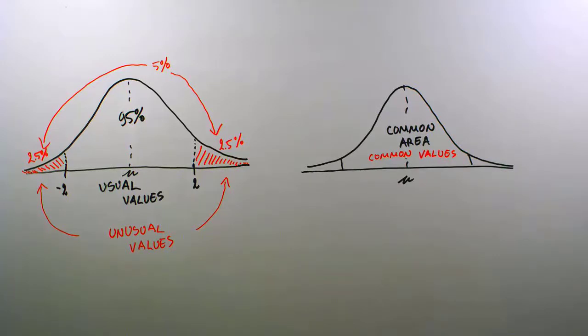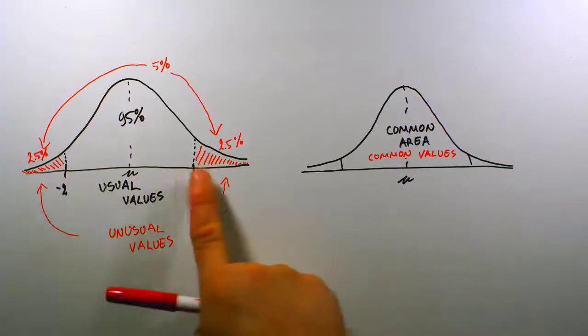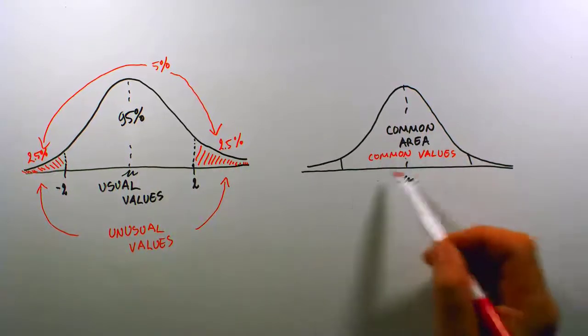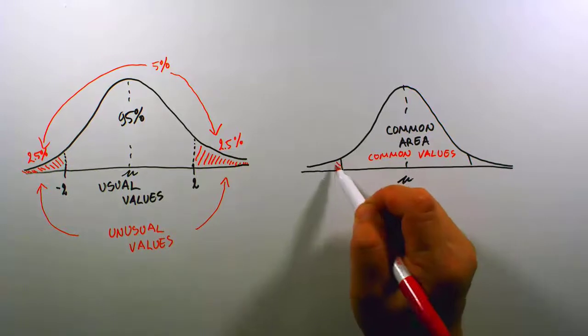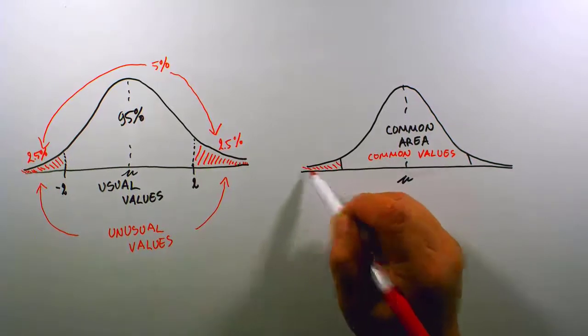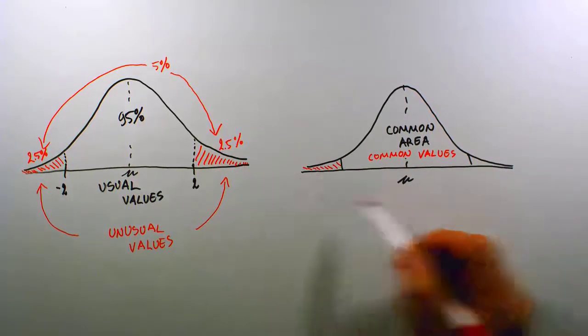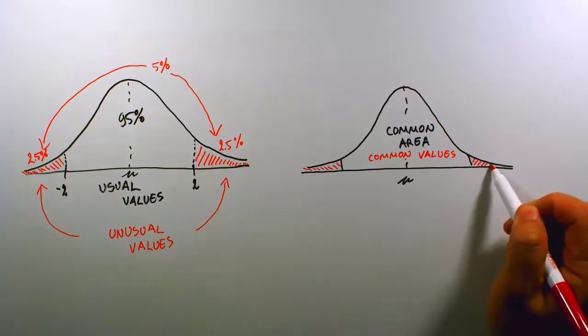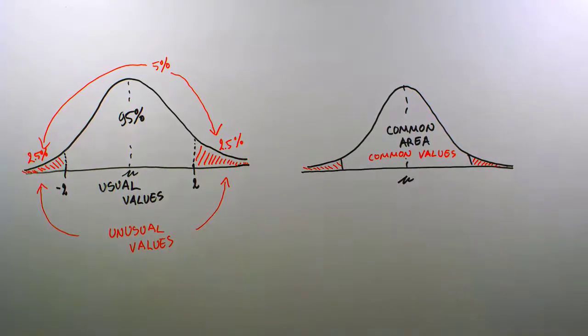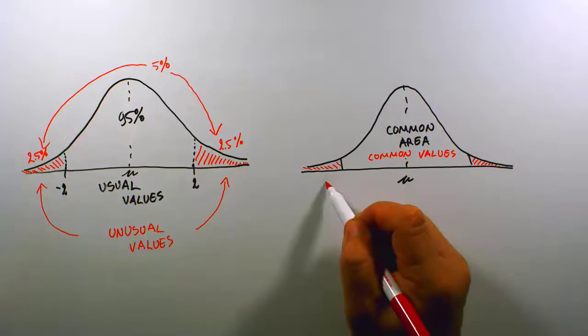Okay, as the terminologies. And outside of the common area, we can refer to these 2, either to the left, that area extremely to the left, or that area to the right-hand side here in the tail.